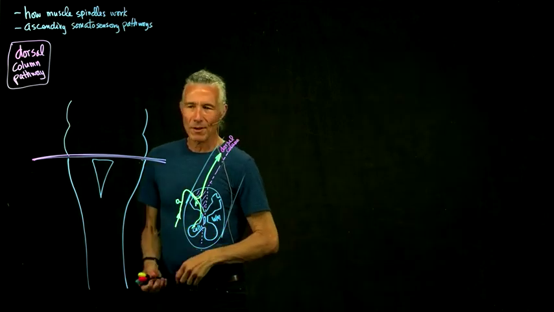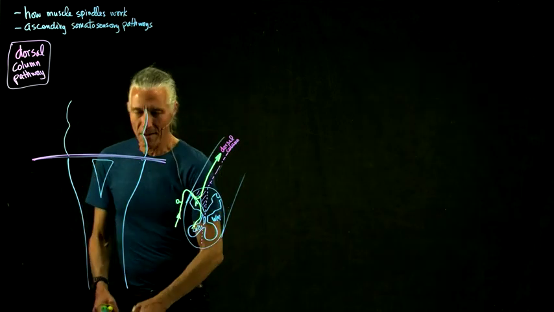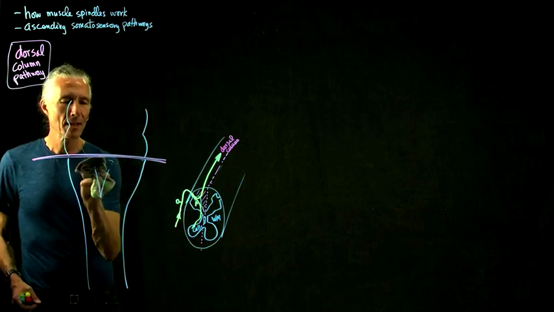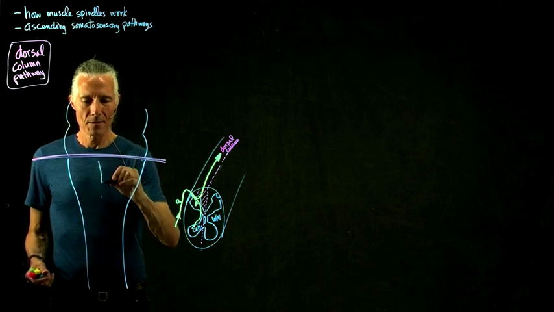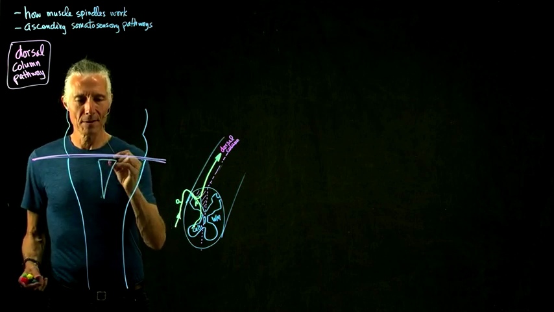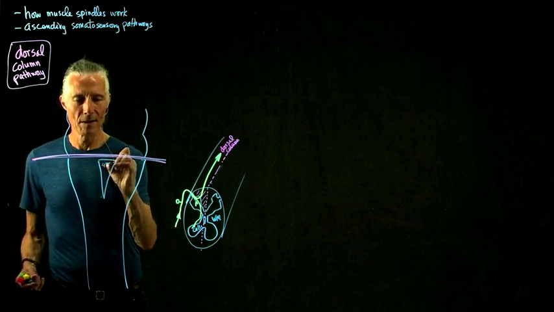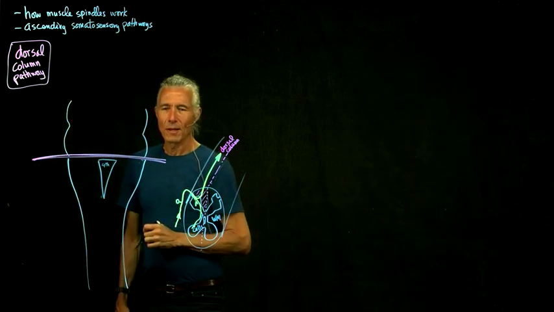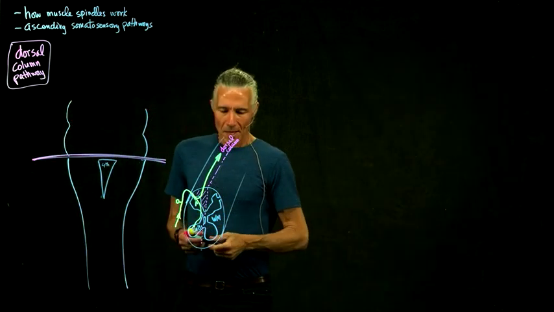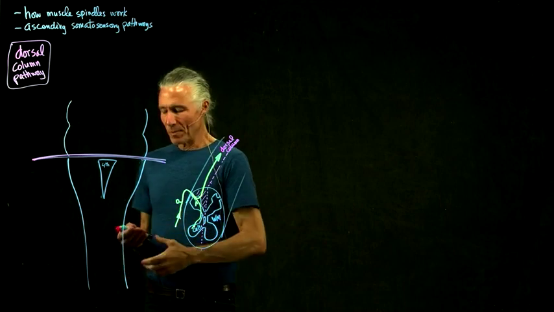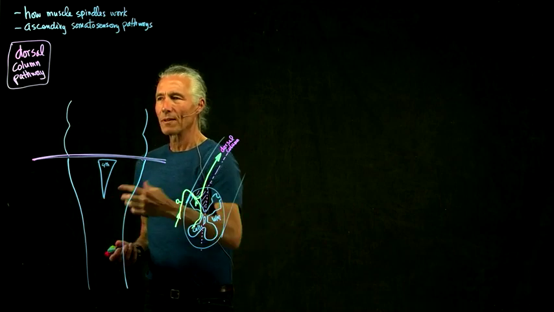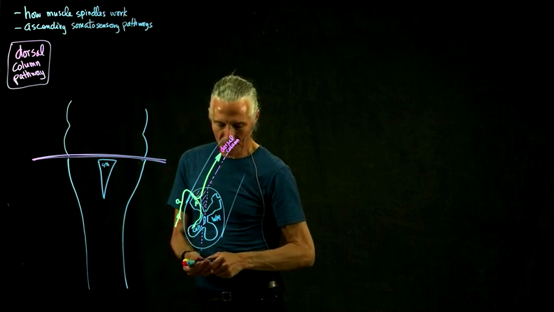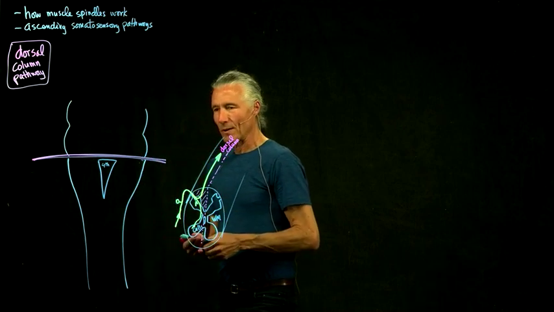So now we're going to look at it from the top here. So now we're all the way up in the brain. So there's the fourth ventricle right there. If you look at the connections from different parts of the body, you can see there's two nuclei, or clusters of cells, up there.